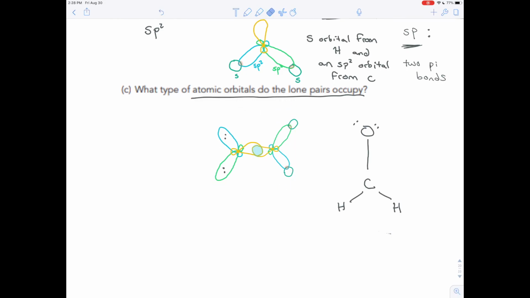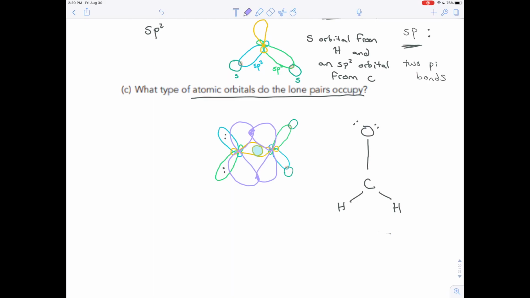if this were in a plane, the p orbitals would be perpendicular to this. So you'd have a p orbital coming up and going down, a p on the oxygen, and a p orbital going up and going down on the carbon. And really, I should have drawn those a little fatter because it's the overlap between those p orbitals that causes the pi bond.